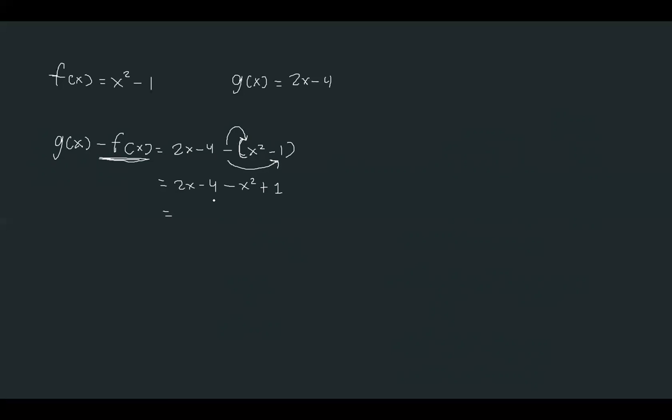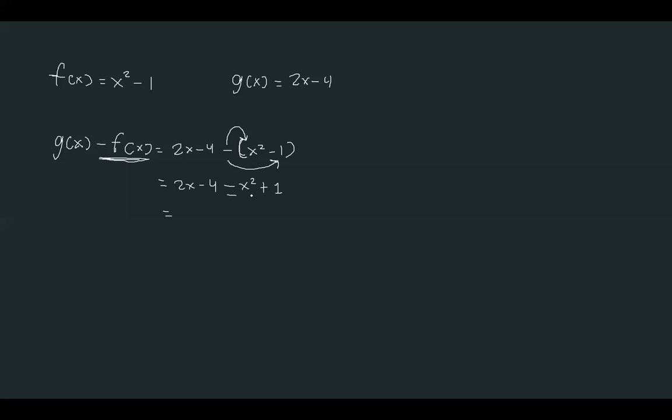Before we simplify, we're going to arrange them in the usual order. When we say usual order, we order them according to their degree, from the highest exponent down to the lowest exponent or no exponent at all.